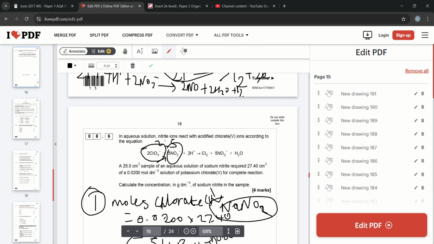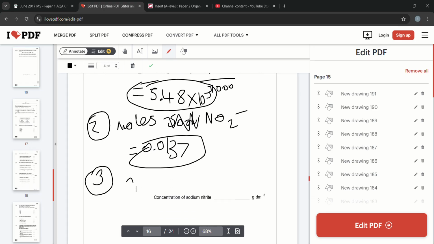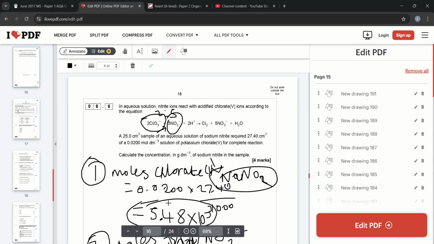Okay, and what we're trying to find is the concentration of sodium nitrite in the sample. So moles is equal to concentration times volume, so concentration is equal to moles divided by volume. So 0.0137 divided by the volume. We know the total volume of the sample of aqueous solution of sodium nitrite is 25 cm³.